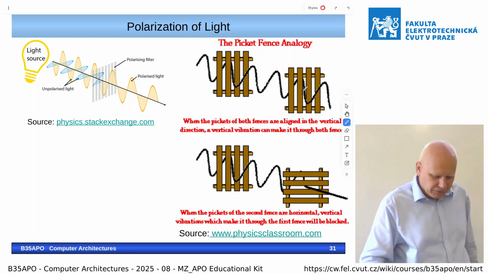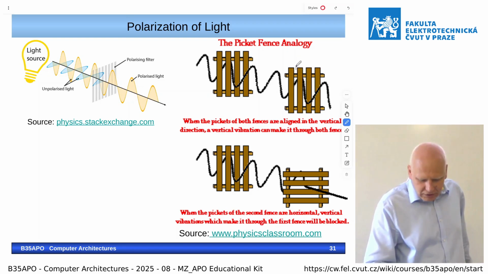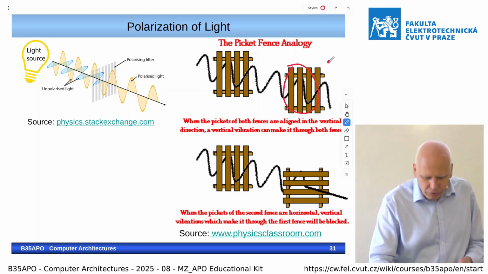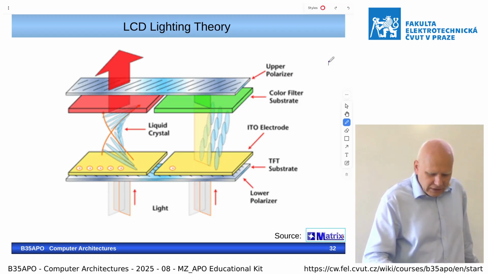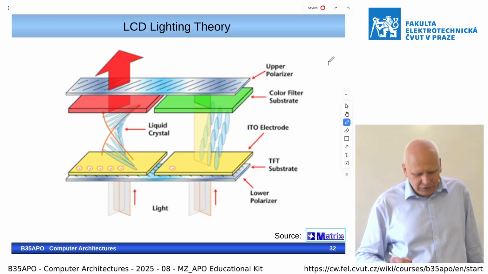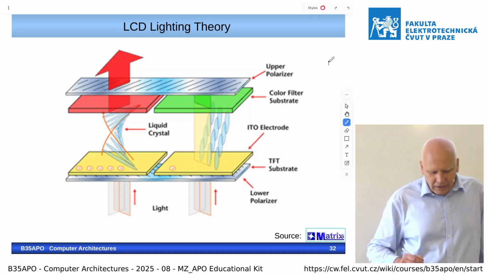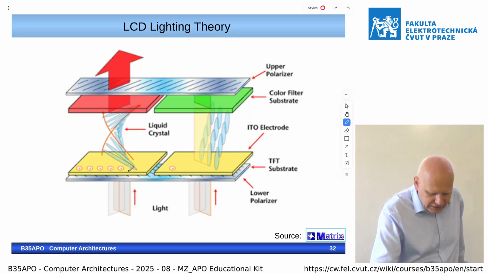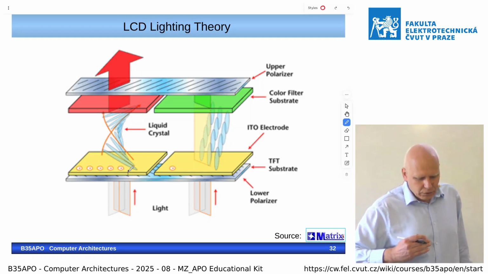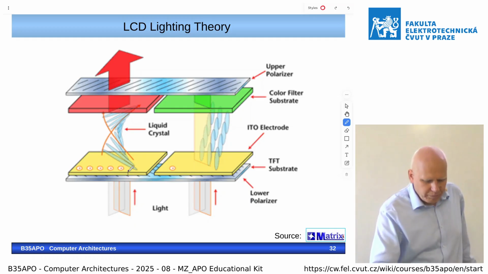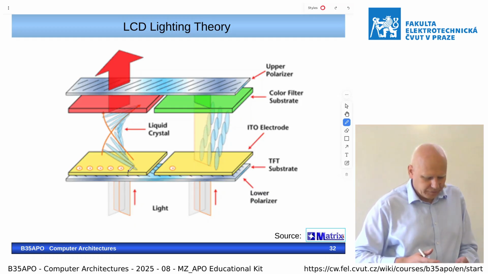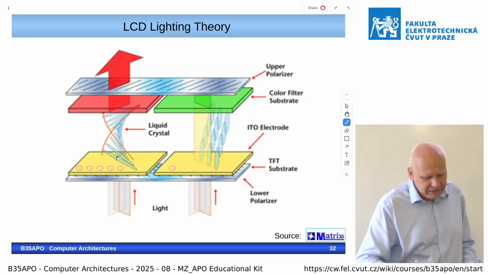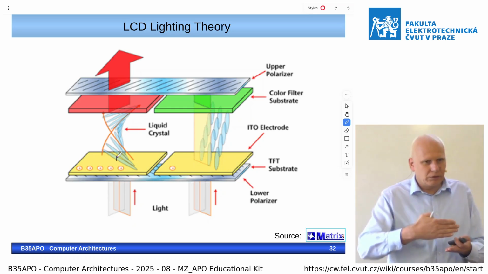This is one option, if you can change the orientation of this filter. But if you use liquid crystals, then they have such an interesting feature that at the moment when you organize them with the electricity, they start to turn the polarization of the light, and this way you can decide how much you want to tune it.